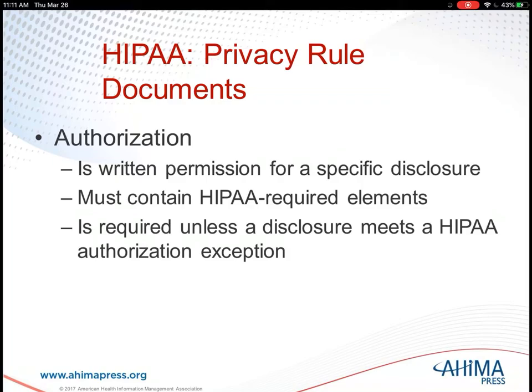So that first one there, an expiration date has passed or the expiration event is known by the CE to have occurred. So if I go in and I want a copy of my records, I can put an authorization date on there for 2 years in advance. And then every time I go back into that facility, let's say I have cancer and every week I need to go and I get copies of lab, okay? So I can fill out an authorization for 2 years, put 2 years from this date as the expiration date.